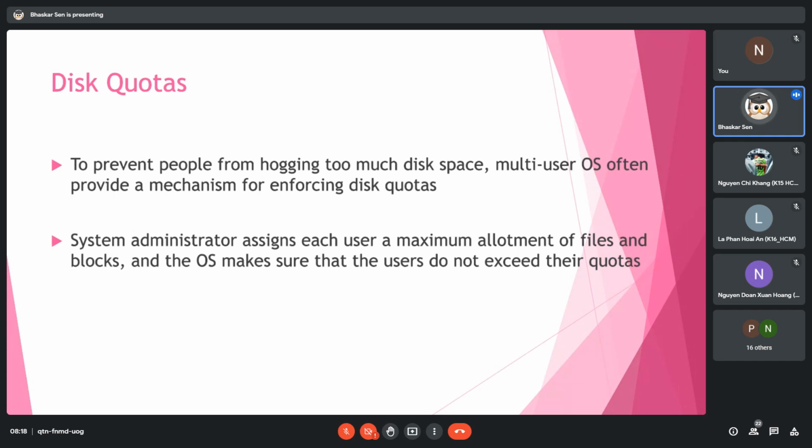It's the same thing with LMS. Sometimes some of the students complain that they can't upload a file in LMS because it's too big. It's too big because you have a quota on your LMS, a maximum size of file that you can upload.